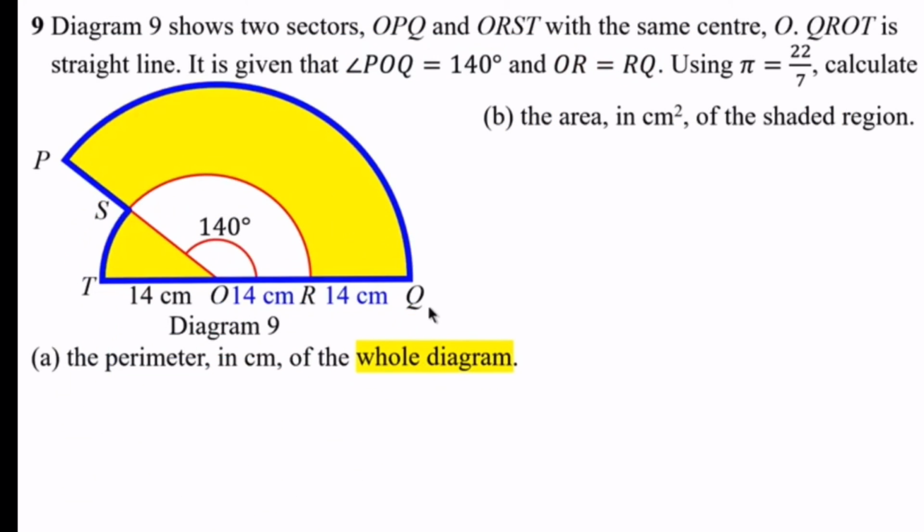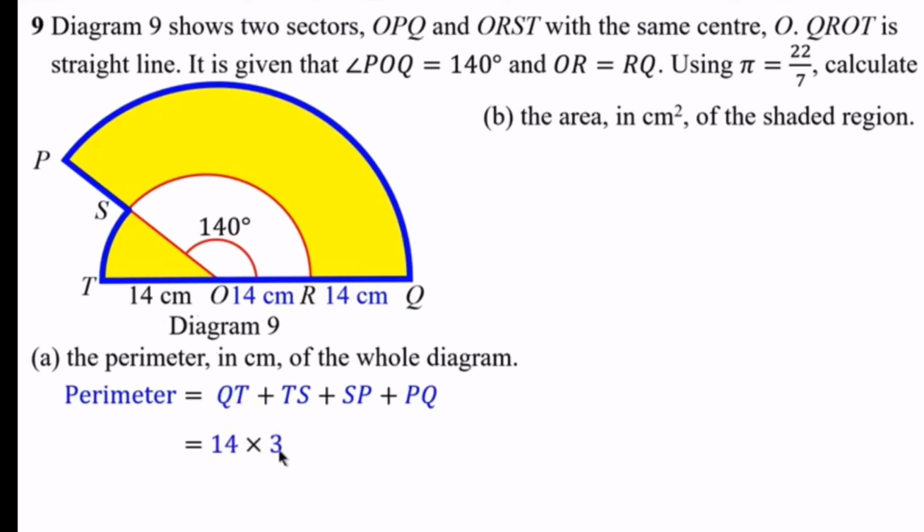So now we want to find the perimeter for the whole diagram. We start with Q to T, which is a straight line going down, and then plus the arc length TS, and SP is a straight line, and the arc length PQ is the arc length for the bigger circle. Now we will just add up 14 plus 14 plus 14.